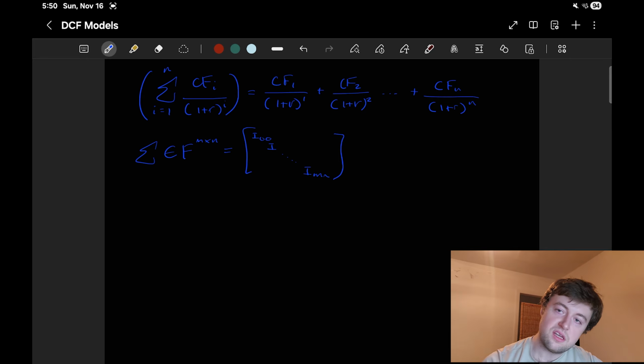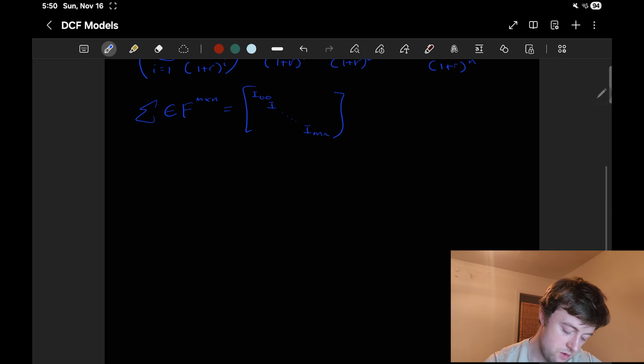And it also tells you a bit more about how this behaves, because we can take the summation operator now and multiply it by a transpose vector, in this case, of our cash flows, and get the same sort of sum arrangement, right?